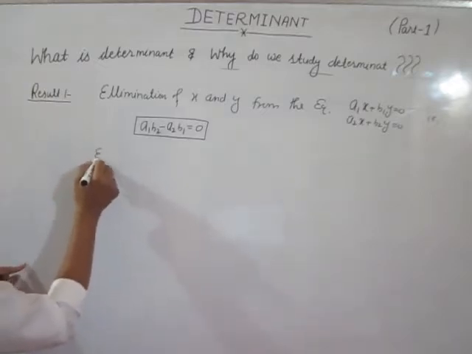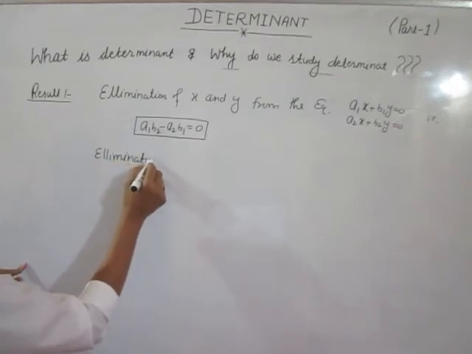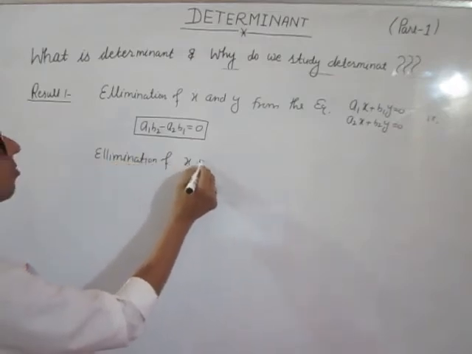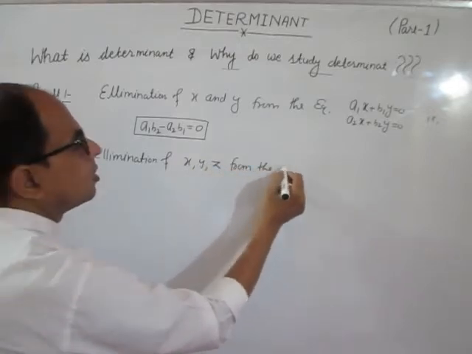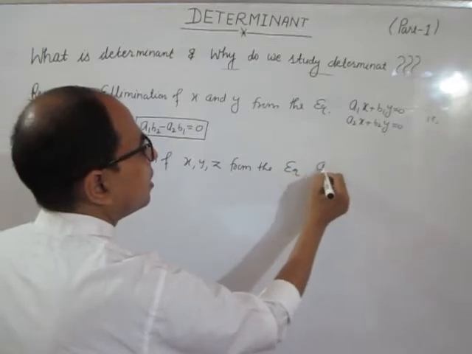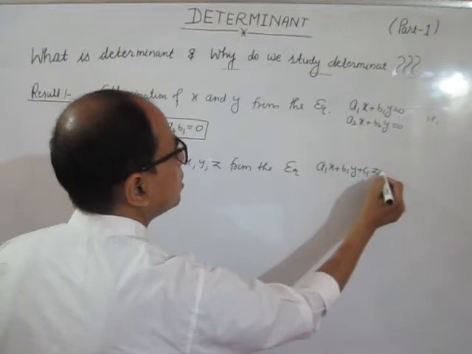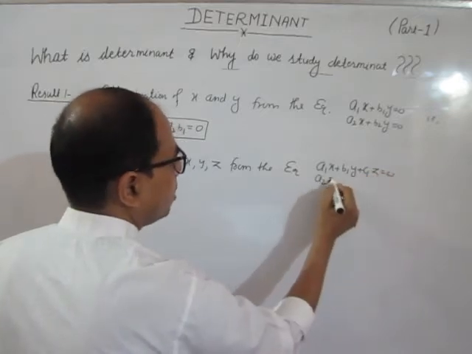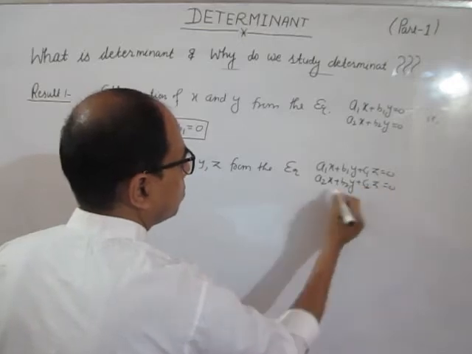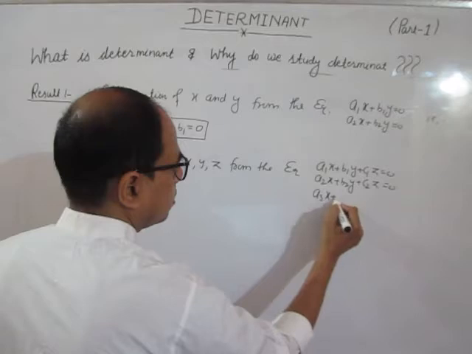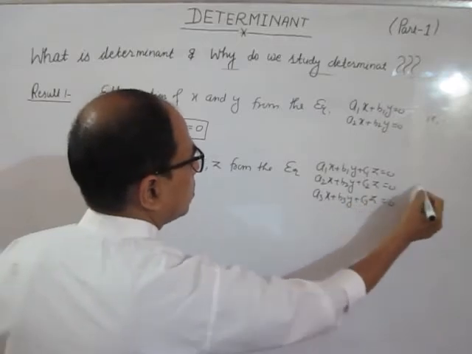Now similarly, elimination of x, y, z from the system of equation a1x plus b1y plus c1z equal to 0, a2x plus b2y plus c2z equal to 0, a3x plus b3y plus c3z is equal to 0 is.